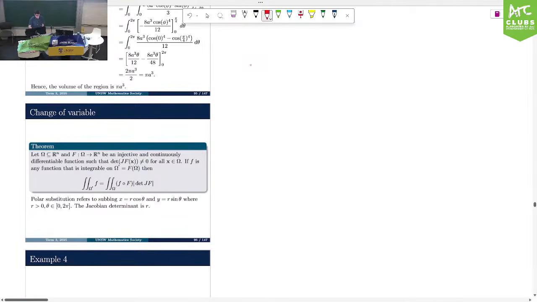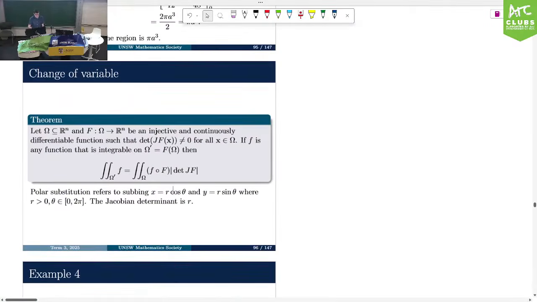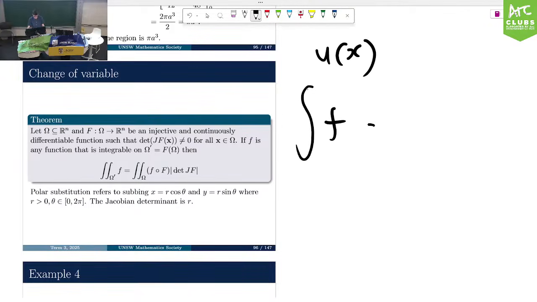The way you can think about it is, the determinant is, first of all, the volume of the parallelepiped if you look at R3, so it's how much volume stretches once you do that transformation. The determinant can also be thought of as the derivative, so it's how much your output changes with respect to your input. It's like when you do your u substitution in regular calculus: let's say you have u as a function of x, and you're looking at the integral of some f dx.